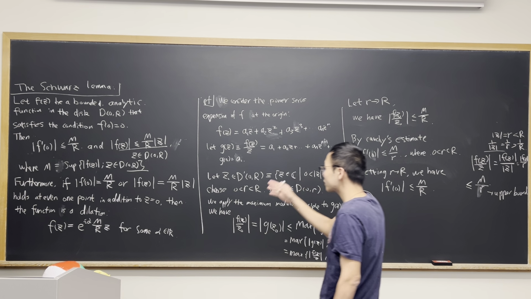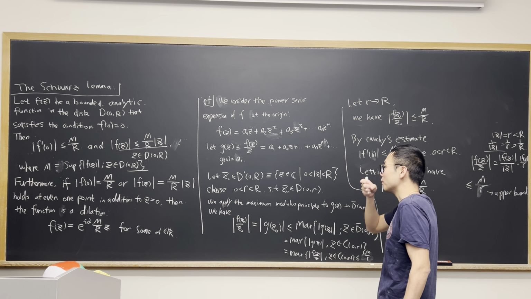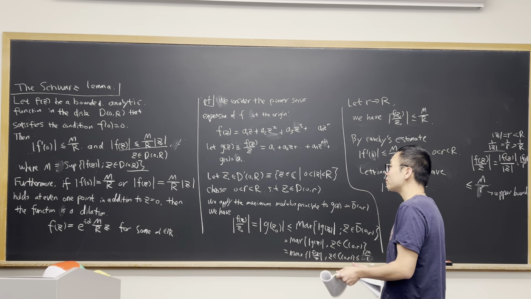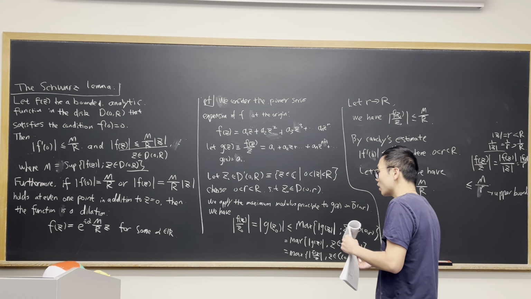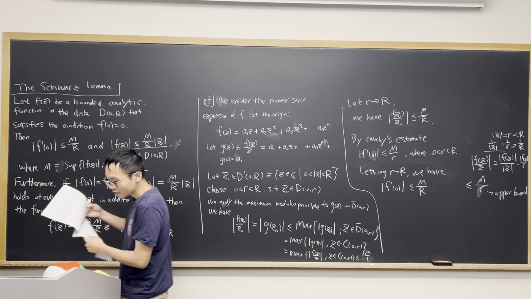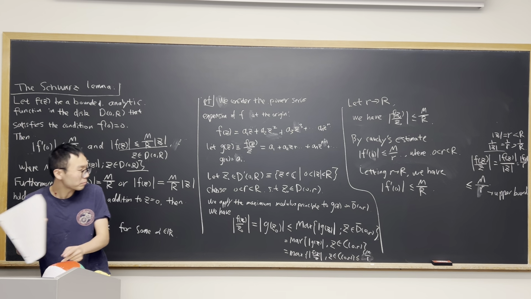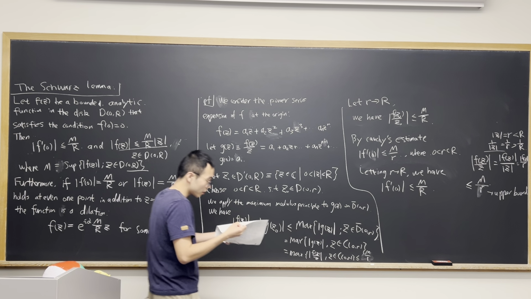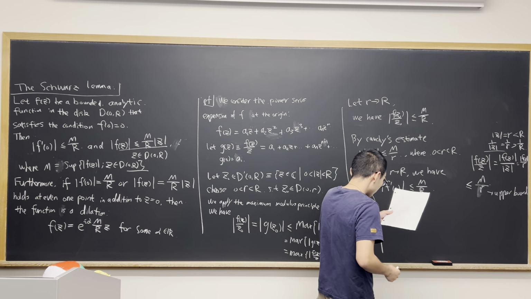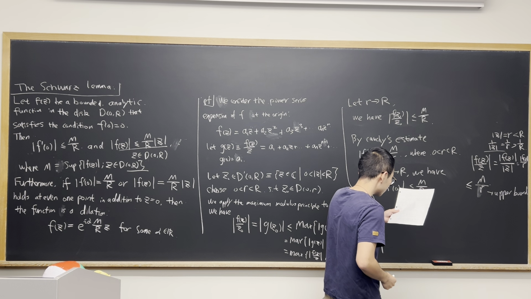So for the second part, if the maximum is being achieved, oh sorry, not the maximum, but if these numbers are achieved, so what happened?